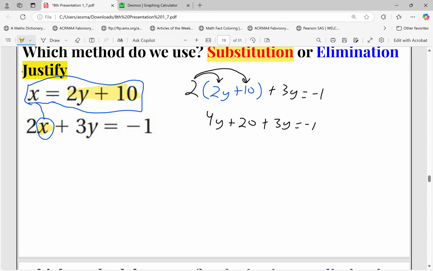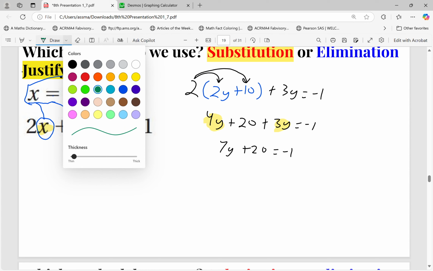Then you want to combine the like terms on the left side of the equation. The like terms are 4y and 3y. If I combine those two, I get 7y, plus 20 is equal to negative 1.